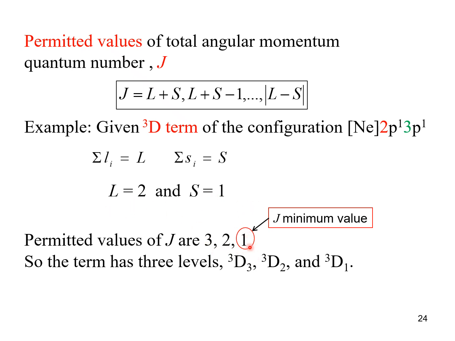So 3 and 1, and in between you have 3 minus 1, which gives 2. So 2 is one of the values for the total electronic angular momentum quantum number, and 2 minus 1 comes to the minimum. Therefore, the term has three levels, which are triplet D3, triplet D2, and triplet D1.